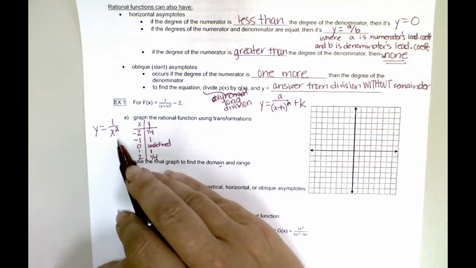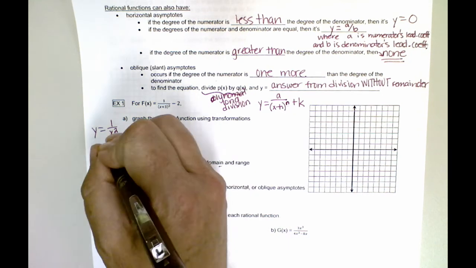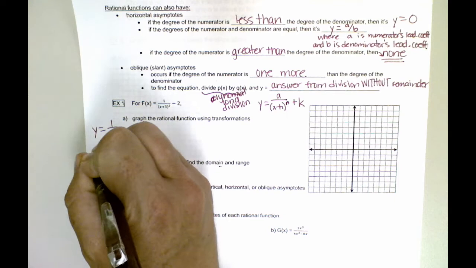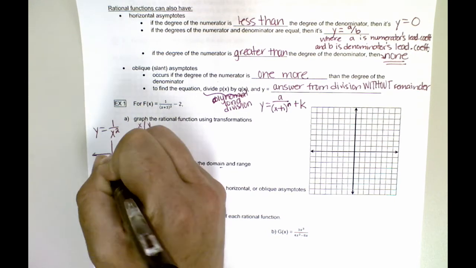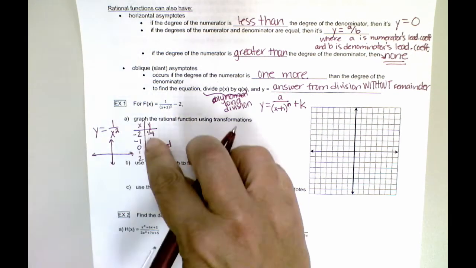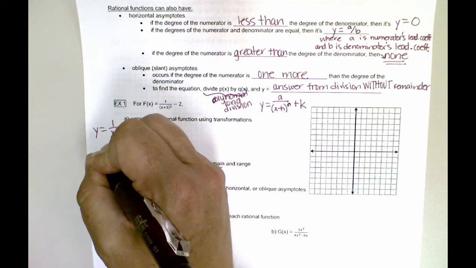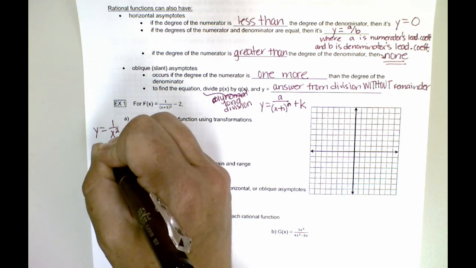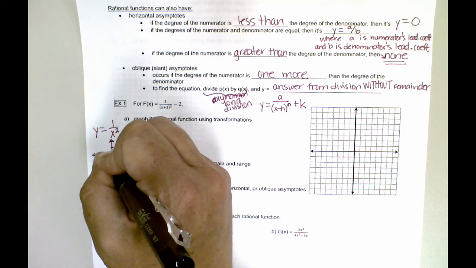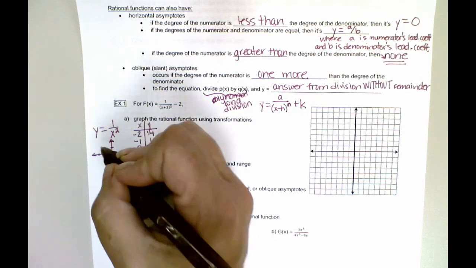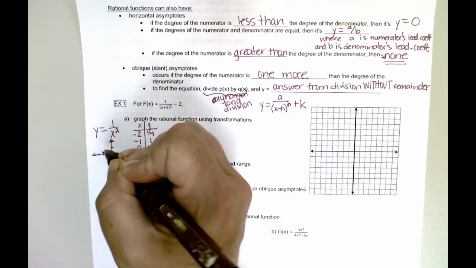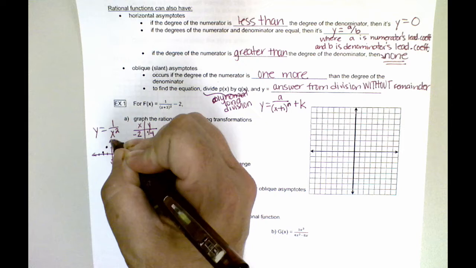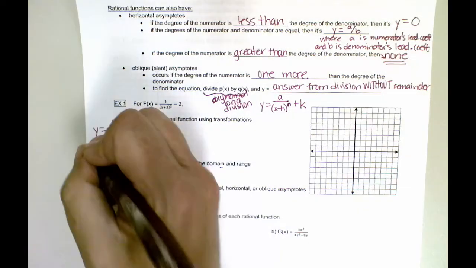So y equals 1 over x squared, the parent looks like this, because if I plot those points that we just came up with here, -2, 1/4 would be right here, -1, 1. When I get to 0, I know there's an asymptote.